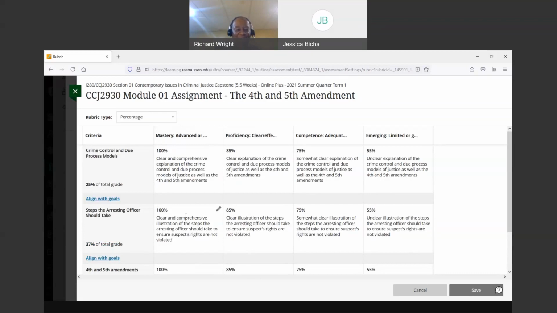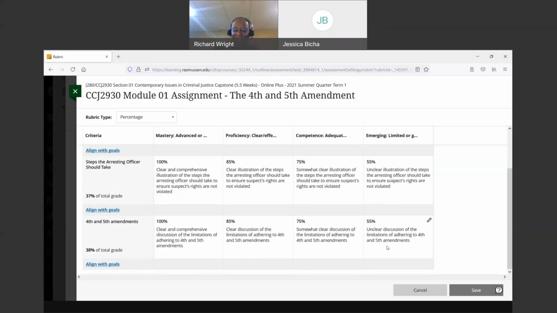And if you miss some of that, you will lose points. There's 40 points altogether that you want to get. You don't want to be over here because notice it says unclear, unclear. You don't want to have that. That's, like I said again, not doing A and B work.